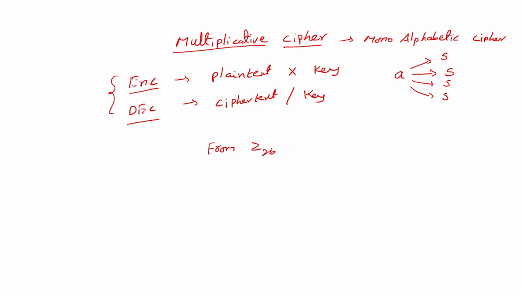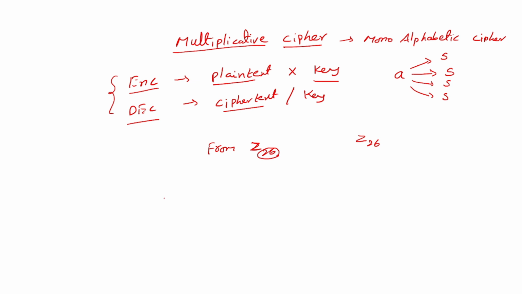Z26 means the number of alphabets is 26, so plain text, ciphertext and key, all those values must be from Z26.